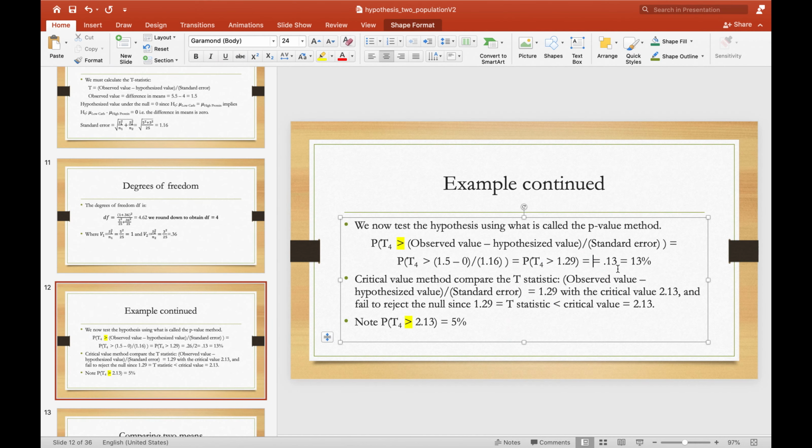Okay? Now, there's another way. So you should notice I can reject this at the 10% level of significance. I can also reject it at the 5% level of significance. There's another way of doing this, which is comparing the critical value to the t-statistic.